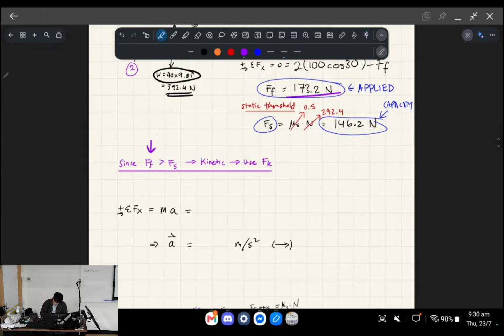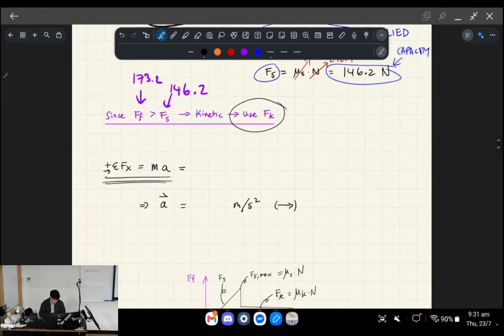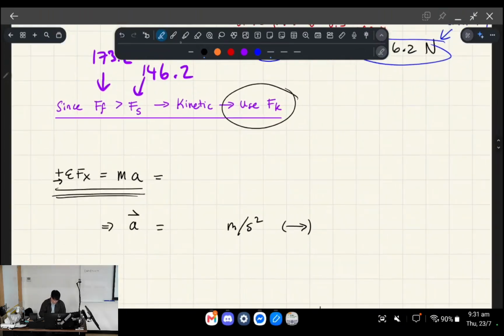Since 173.2 is greater than 146.2, we have to use the kinetic friction value and use the equation of motion, okay? So equation of motion, there's kind of two sides to this, okay?